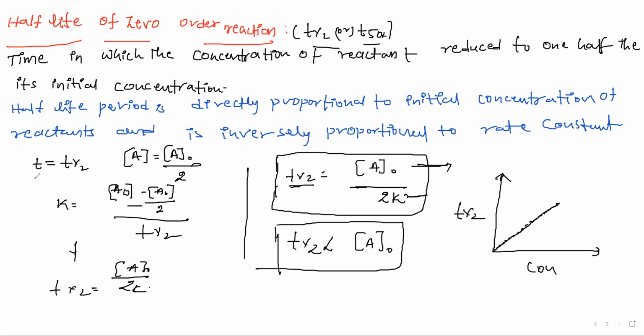Actually, instead of t, we are taking t of. For the molar concentration of A, actually we have to take the initial concentration, a naught by 2. Here we have to take half. k is equal to a naught minus a by t of.